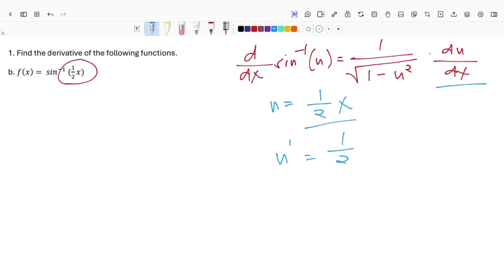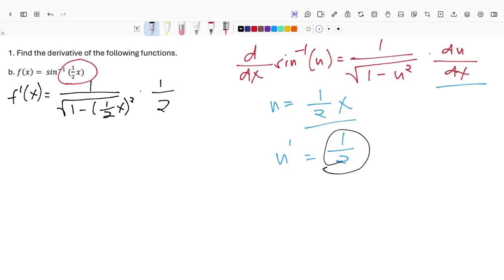After we get the derivative of 1 half x, we substitute the value of our u into the formula, which we will write as f prime of x equals 1 over square root of 1 minus 1 half x squared, multiplied by the derivative of our u, which is 1 half.